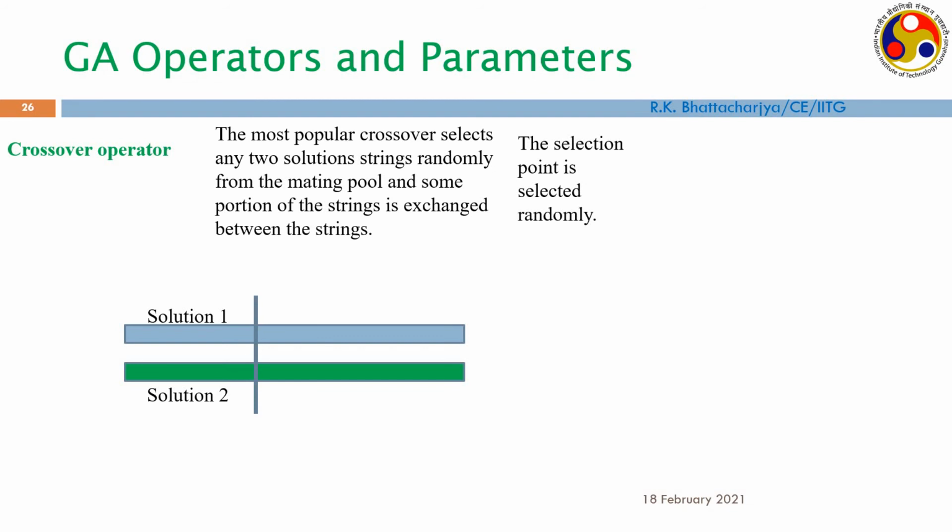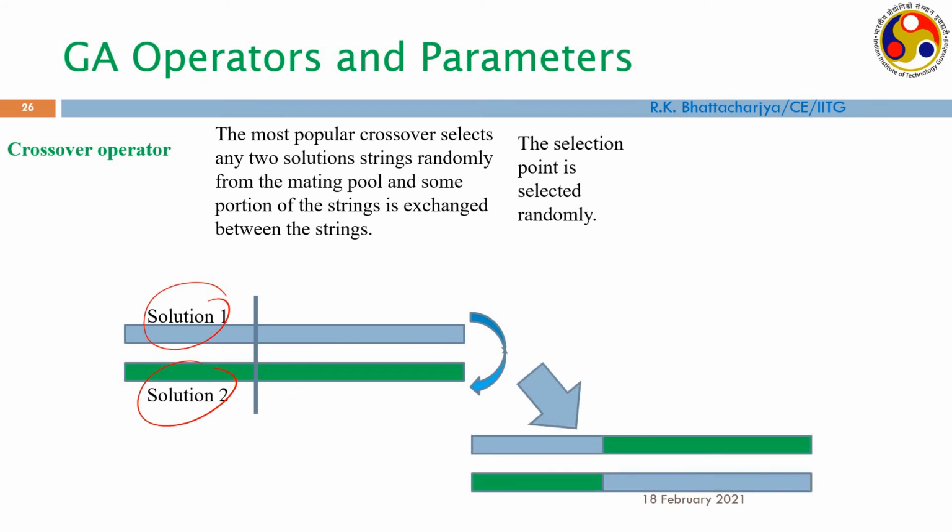Then a crossover site is selected. This is solution 1, this is solution 2, and then after the crossover site is selected you just swap the information. So this portion goes there, and this portion comes here.